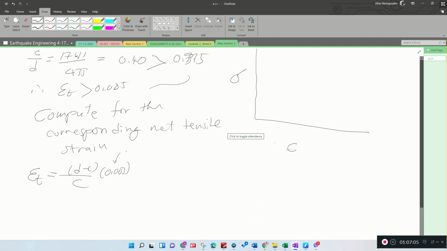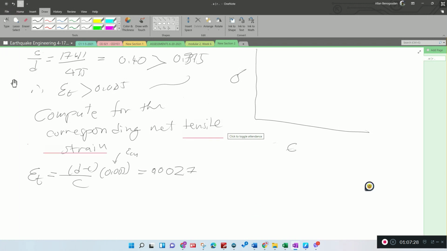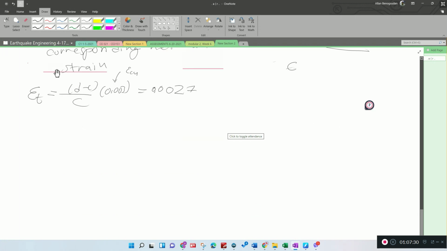That is basically your epsilon sub u, the strain at the extreme compression fiber of the concrete. Now that is equal to 0.0027. And solve for phi now.